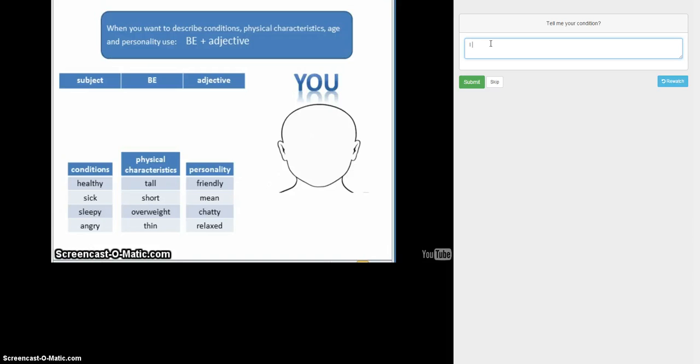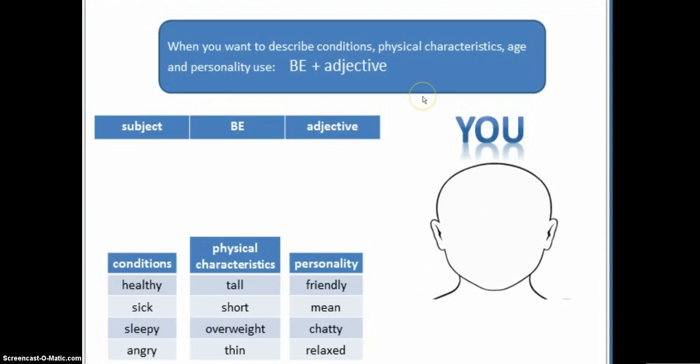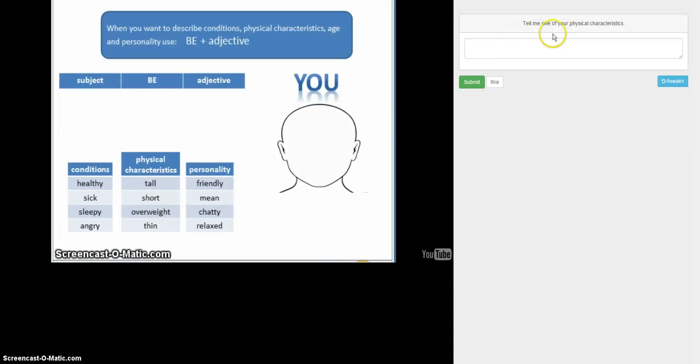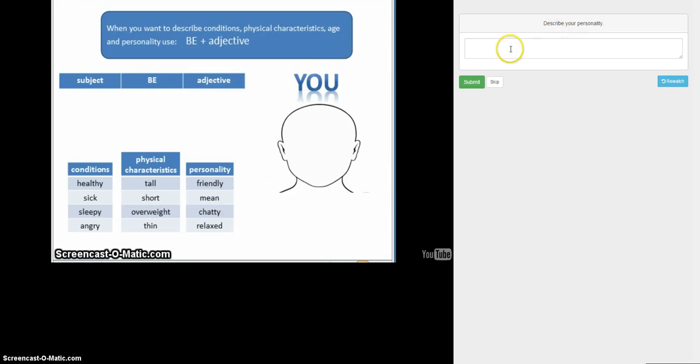So they'd say, I am, for instance, tall, and then they would submit that, and then continue the program. And then it would stop and say, okay, tell us about your physical characteristics. Oh, that was the one I was supposed to do, is tall. But anyway, so we'll do the condition: I am healthy. Period.